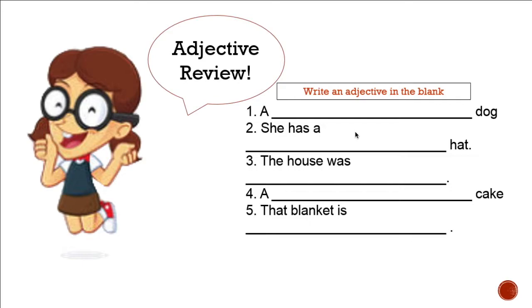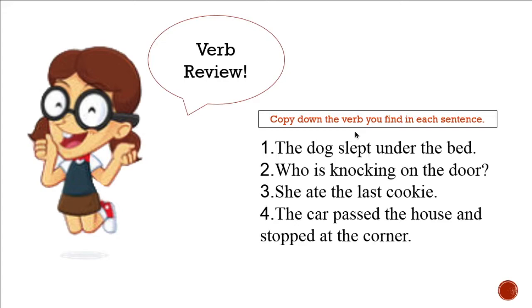Okay, next exercise. For this adjective review, write an adjective in the blank of the sentence. This can be any adjective that you think best describes the subject. Since your answers will vary, there won't be any review. You may now pause to perform the exercise before moving on to the next one. Time to review verbs.